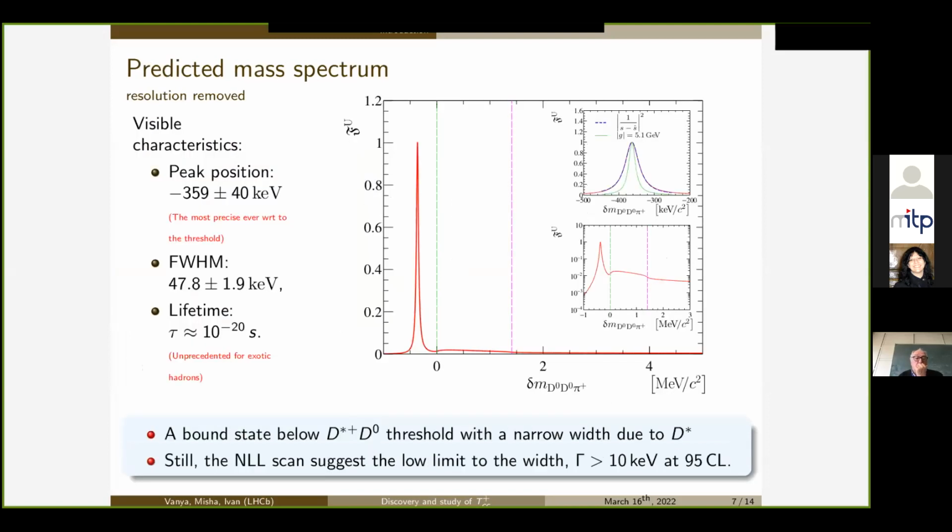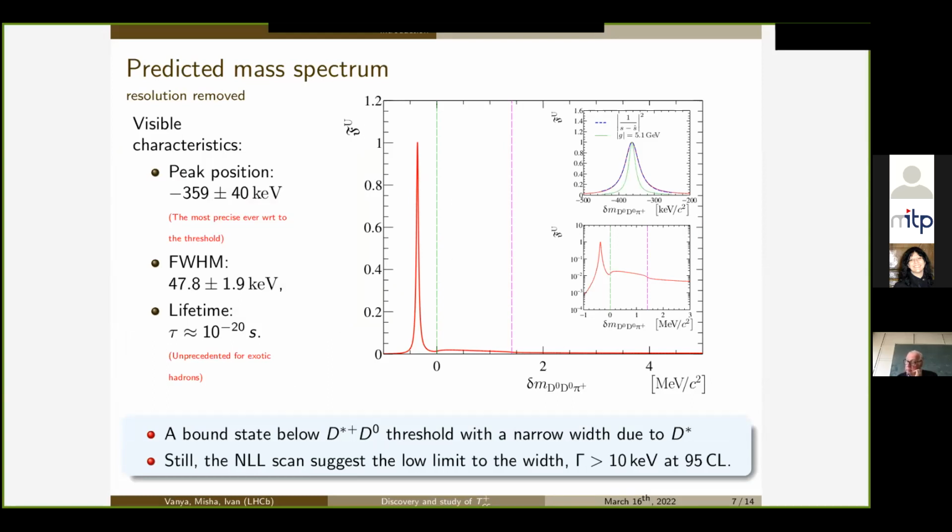This slide just shows how the distribution of the signal would look if it wouldn't be smeared with the resolution. So you see that in the vicinity of the peak itself, it resembles the Breit-Wigner a lot, because it's really very narrow, just slightly below 50 keV, which is actually determined by the width of the D star.